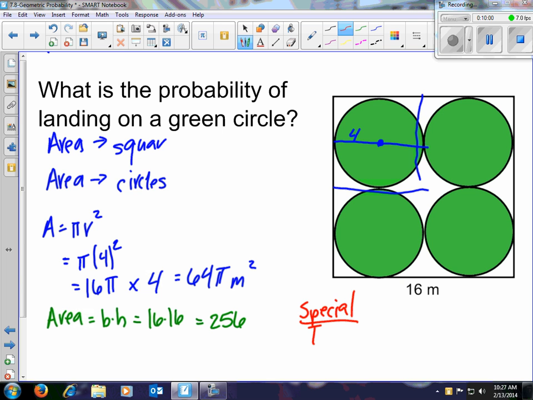Now I want to land on a green circle. So my special is going to be my 64 pi, and my total is going to be my 256. Now, 64 divided by 256 is 1/4. And then I'm going to still have pi on the top, so I'm going to end up with pi over 4 as my probability of landing on a green square.